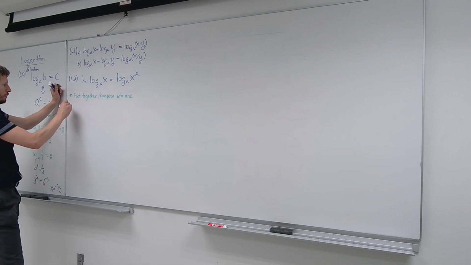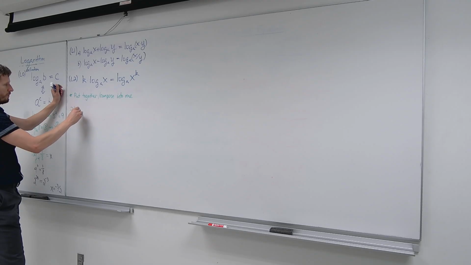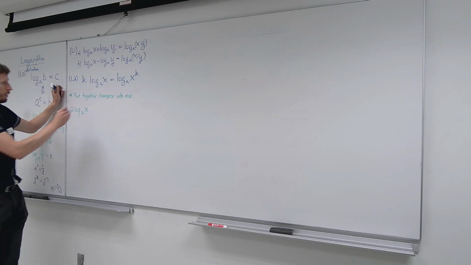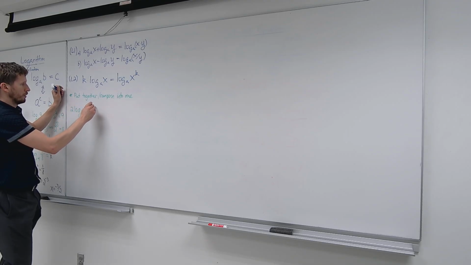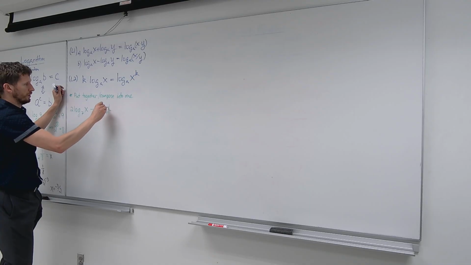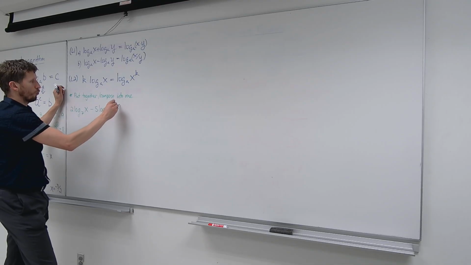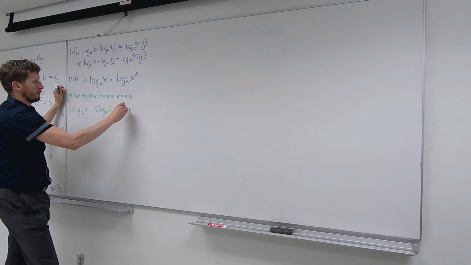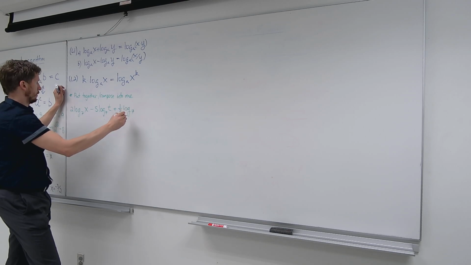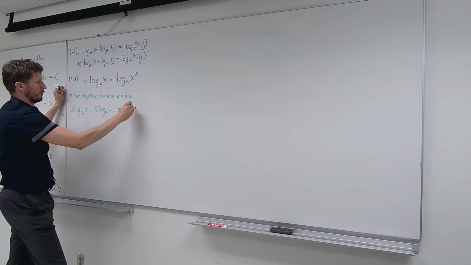Let's say we do 2 log 7x minus 5 log 7t, and then let's do plus 1/3 log 7y.